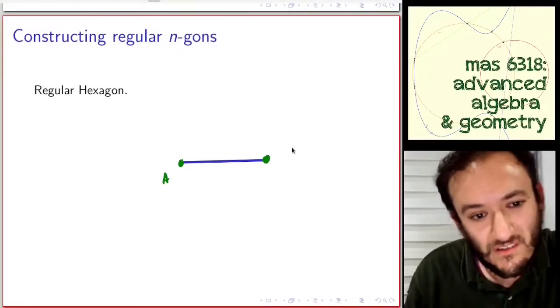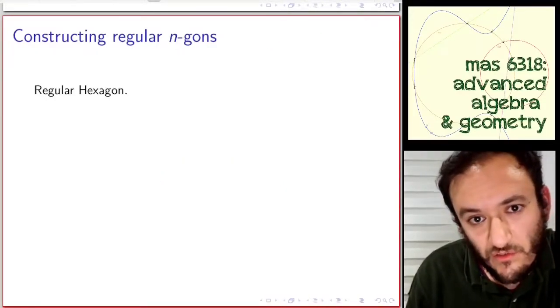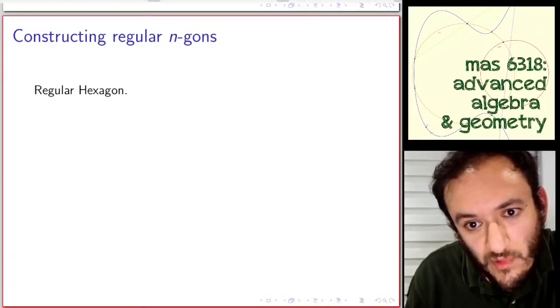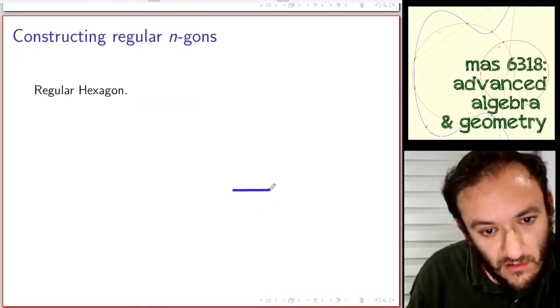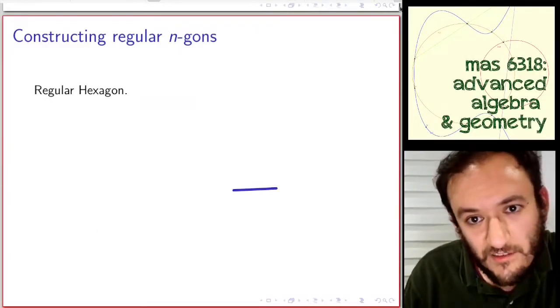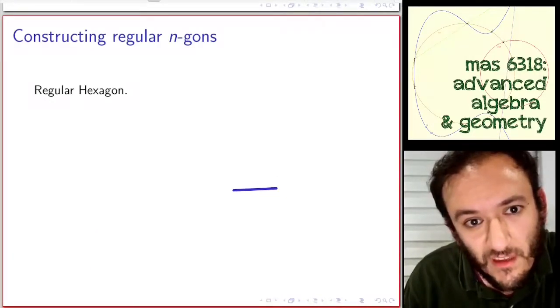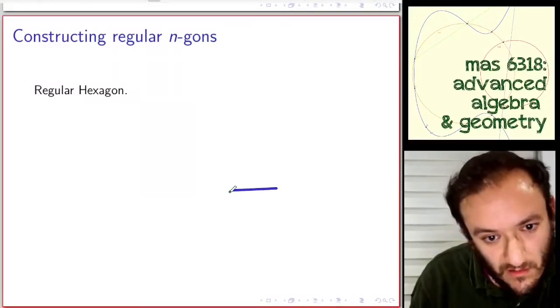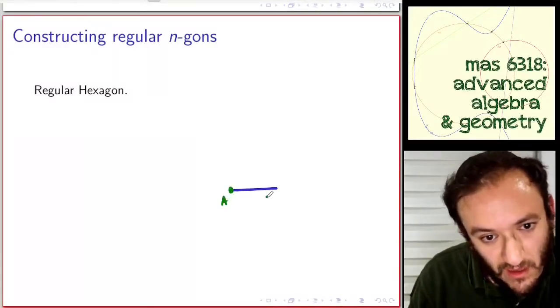It's maybe a little too big, so let's make it a little smaller. It's going to be a lot of sides. Now we have A and B.